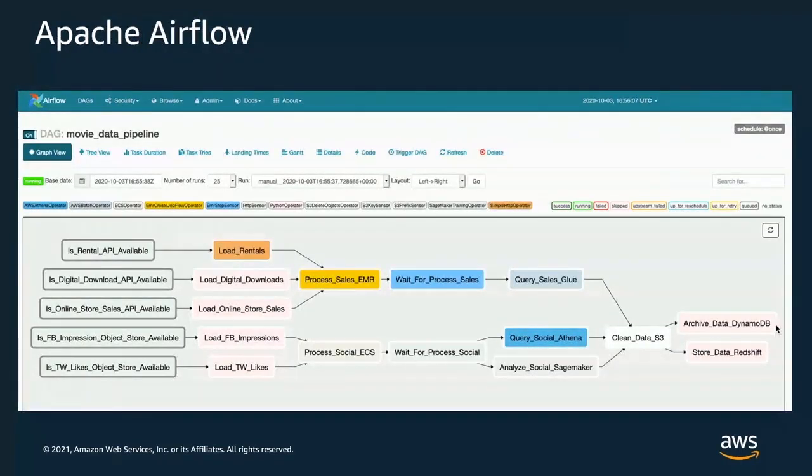Now, again, Airflow is an open source technology that's been around for a number of years. It finds itself used in a number of use cases. It's a fairly complex product. If you're familiar with it already yourself, then you probably have a good grasp for just how powerful it is.